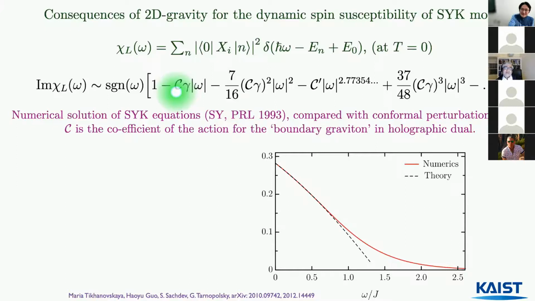So basically, the leading irrelevant operator is the Schwarzian time reparameterization, and that has a scaling dimension which is fixed to be 2. Because it's fixed to be 2, this correction is integer powers of omega. Then there's a second leading irrelevant operator that has scaling dimension 3.77354.